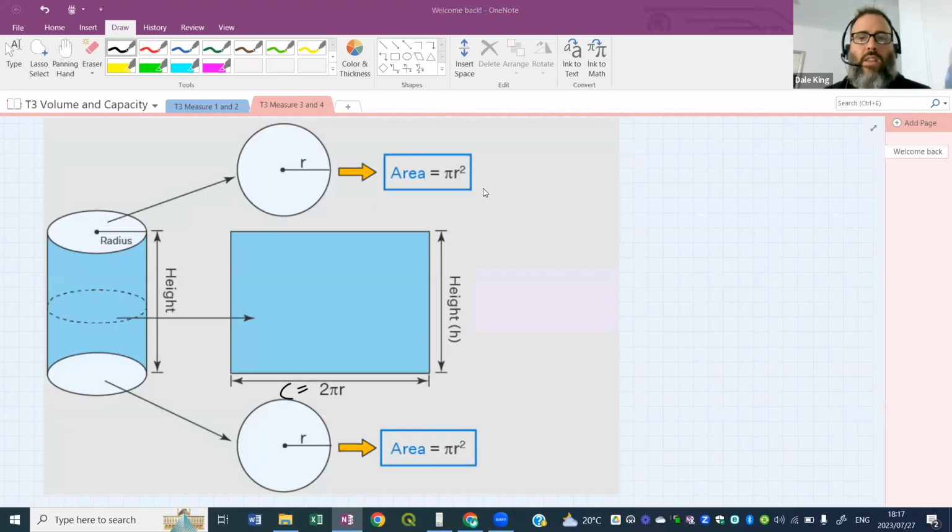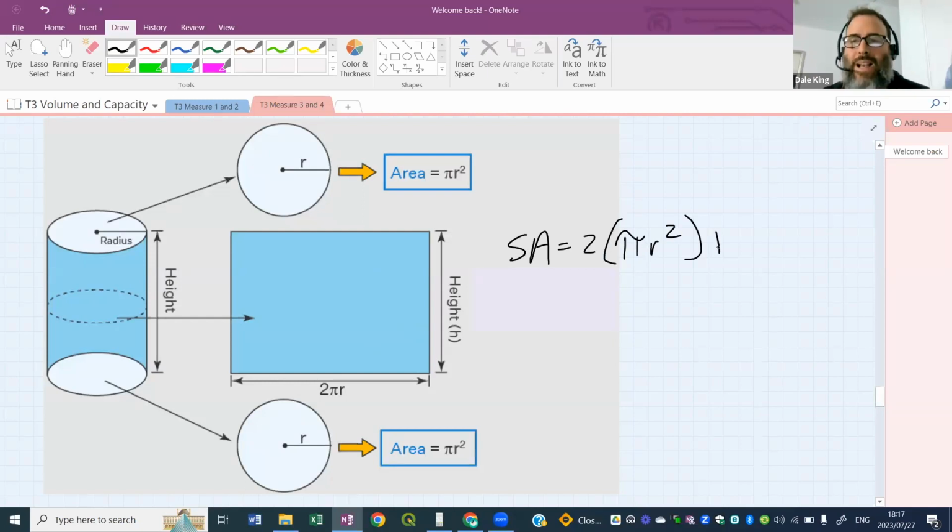Okay, so this 2 pi r here is actually the circumference of the cylinder, so we need that to calculate the rectangle. To build the formula now, we're going to say surface area is equal to: we've got two circles, their area is pi r squared, but I need two of them, one at the top, one at the bottom, plus I need the 2 pi r.